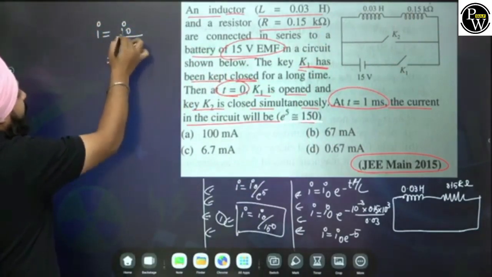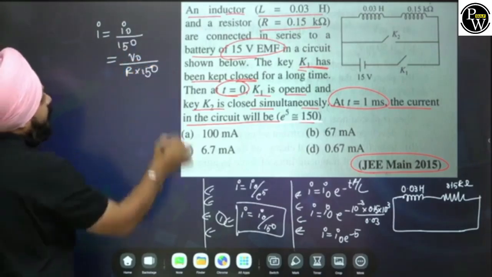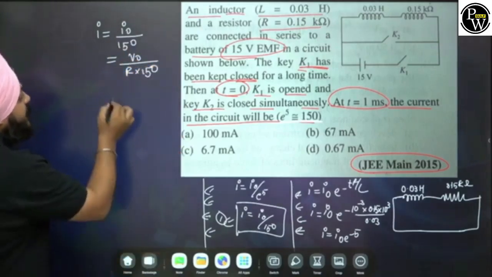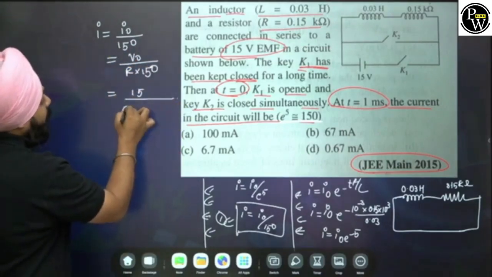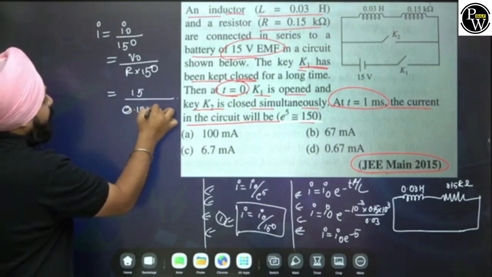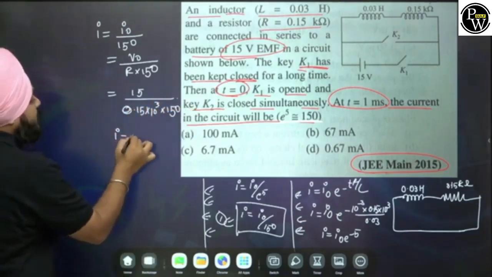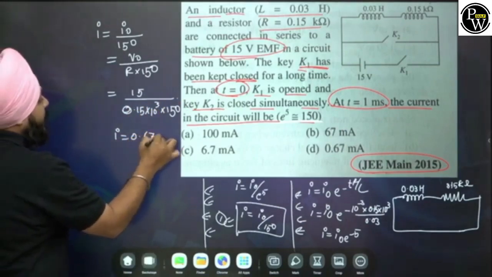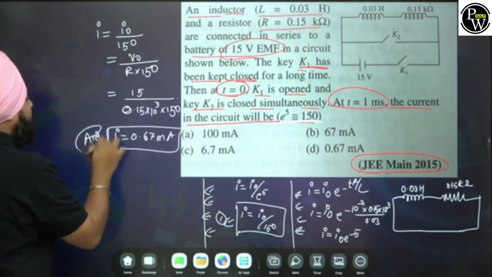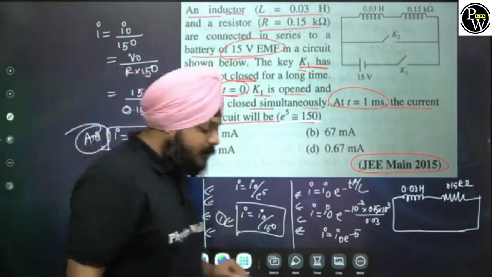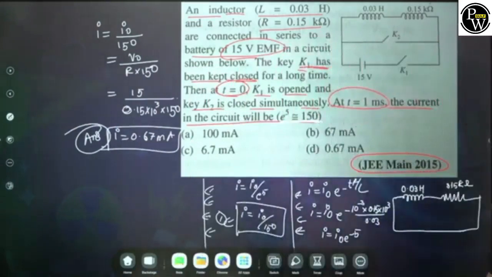Can I replace I0 as V0 by R, into 150? V0 is 15 volt, R is 0.15 into 10 to the power 3, into 1 over 150. So replacing all of those, 0.67 milliampere is going to be the perfect answer for this specific question.